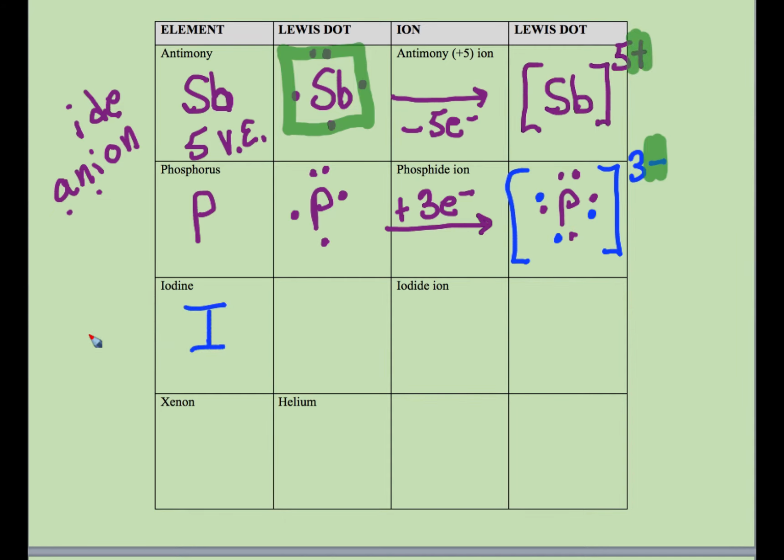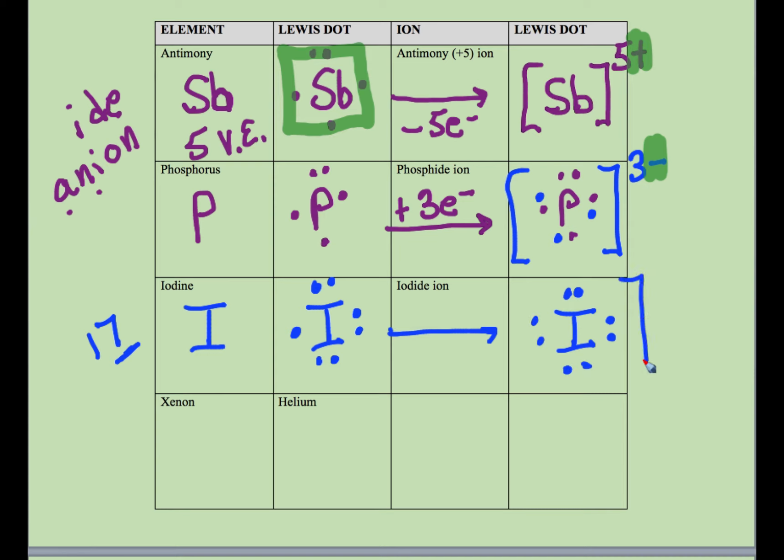Iodine is group 17. It has 7 valence electrons. So 1, 2, 3, 4, 5, 6, 7. If it gains simply 1 more electron, it will have a stable octet and become the iodide anion.